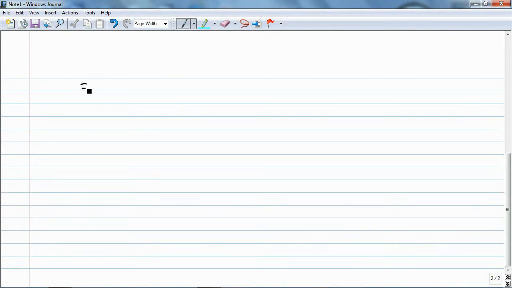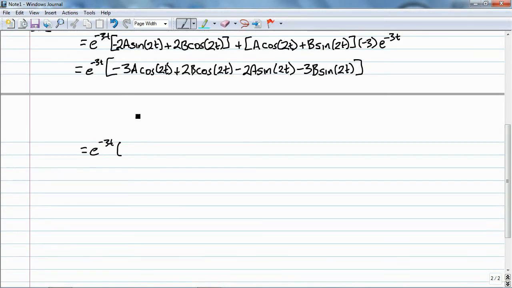That's going to be equal to e to the negative 3t times the quantity minus 3a plus 2b cosine 2t, plus negative 2a minus 3b sine 2t. So that's all it takes just to get the derivative.